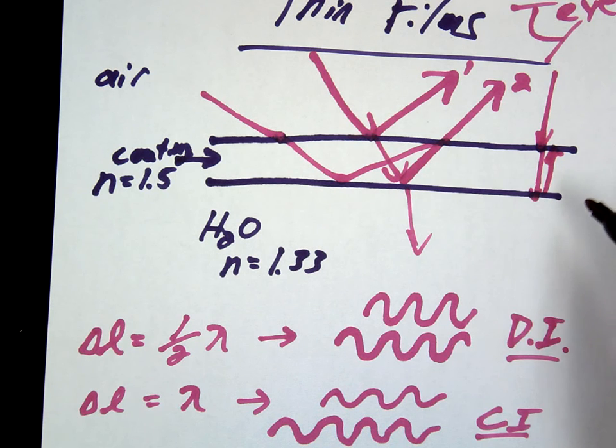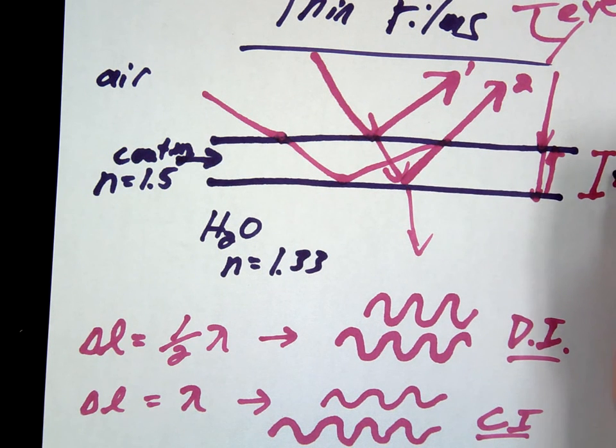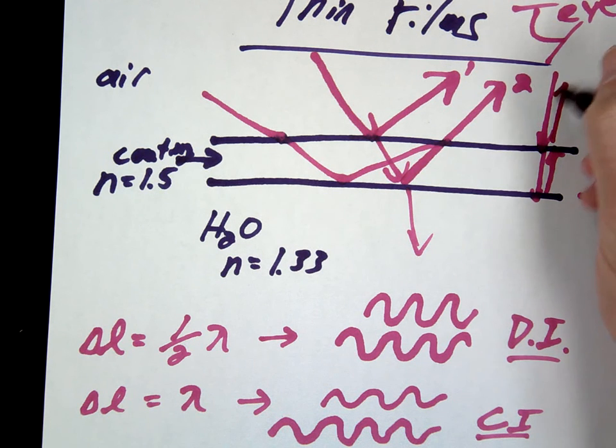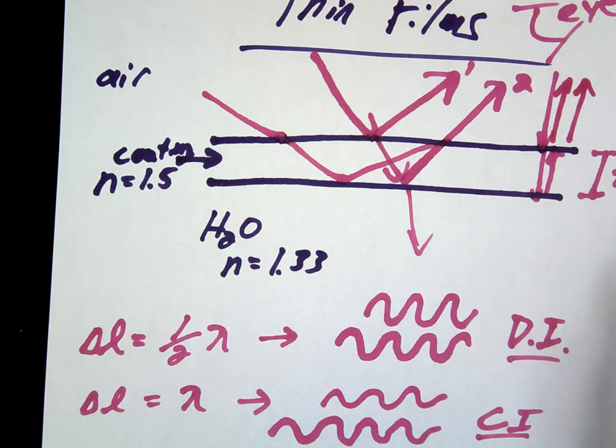In that case, if this is the thickness, let's call it T, how much farther is that second beam traveling compared to the first? Twice T, right? It's traveling exactly twice the thickness, because it goes down and back up.